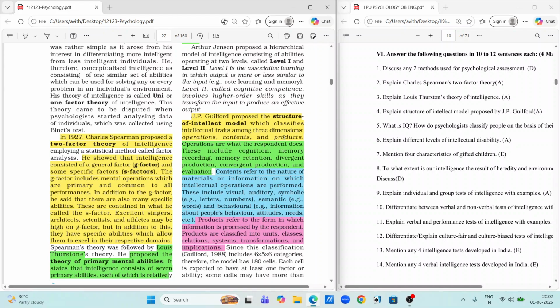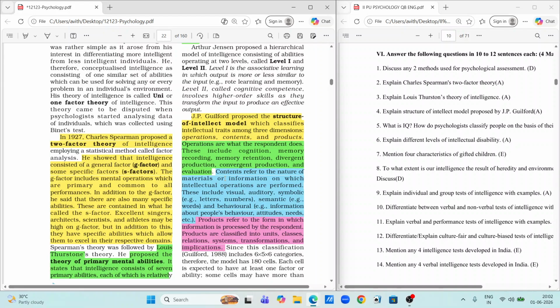These three dimensions are operations, contents, and products. Operations are what the respondent does. These include cognition, memory recording, memory retention, divergent production, convergent production, and evaluation.